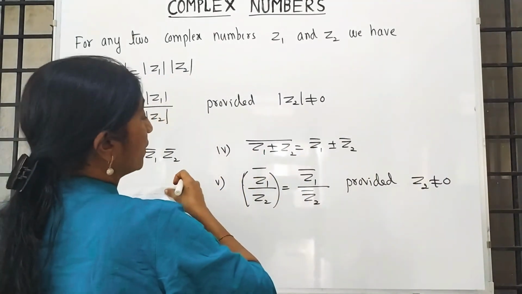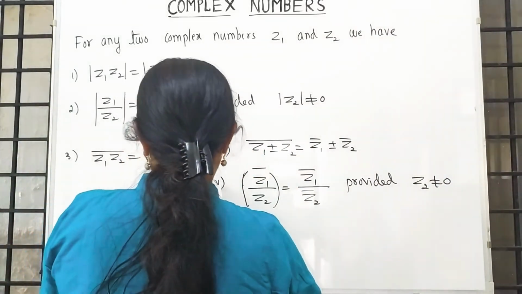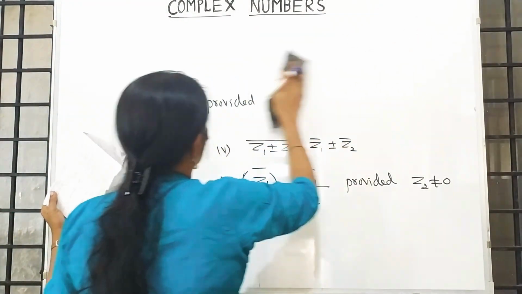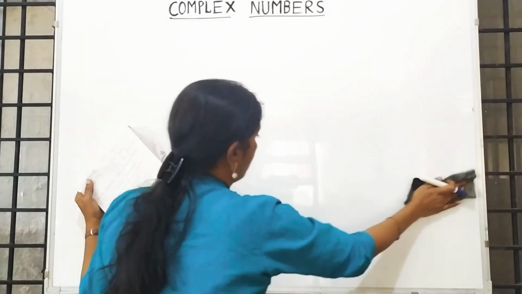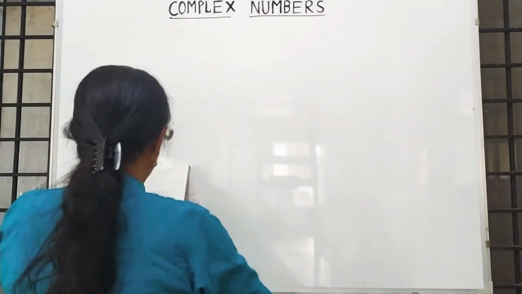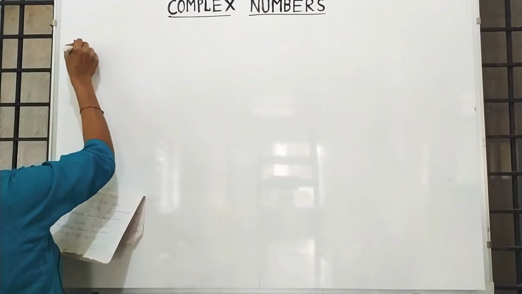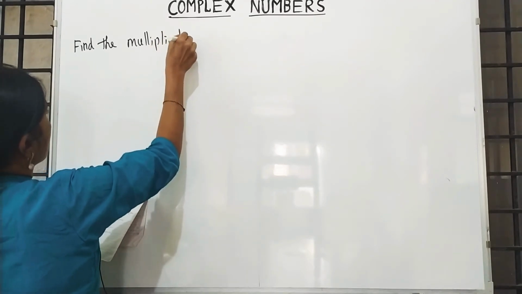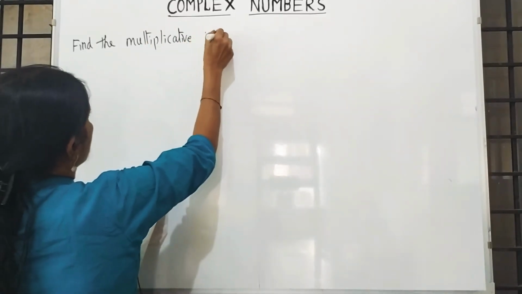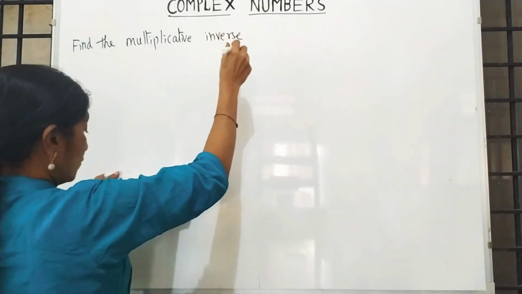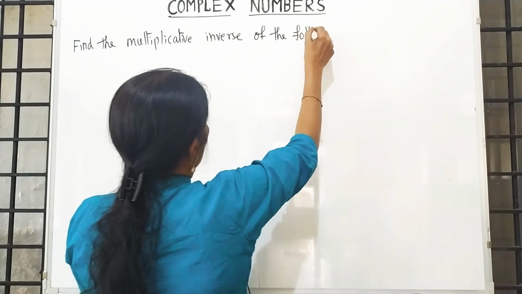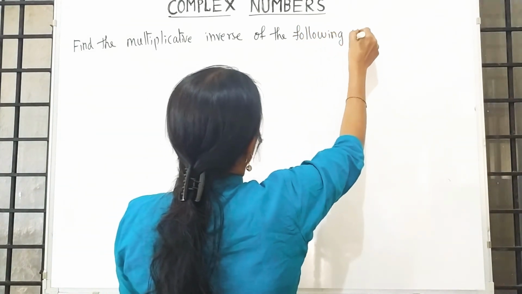Now we are moving to the example. Find the multiplicative inverse of the following complex numbers.